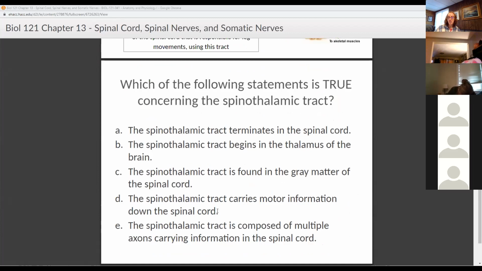Which of the following statements is true concerning the spinothalamic tract?